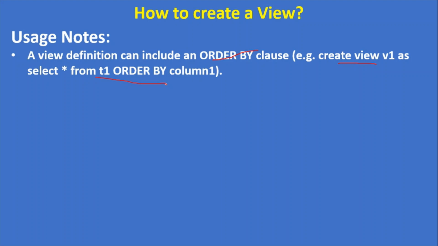Why? Because suppose you are going to use a view as part of another query by joining the data with another table, then we have no need to do the sort, correct, order by. So if you include this order by clause as part of the view definition, then unnecessary sorting is going to happen, which is a query performance issue.